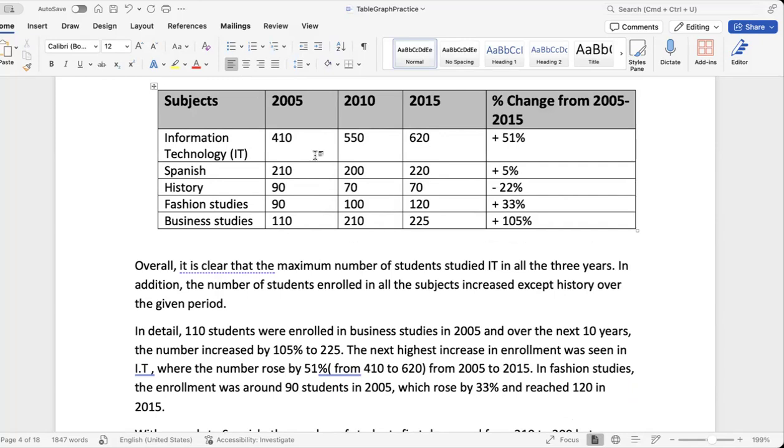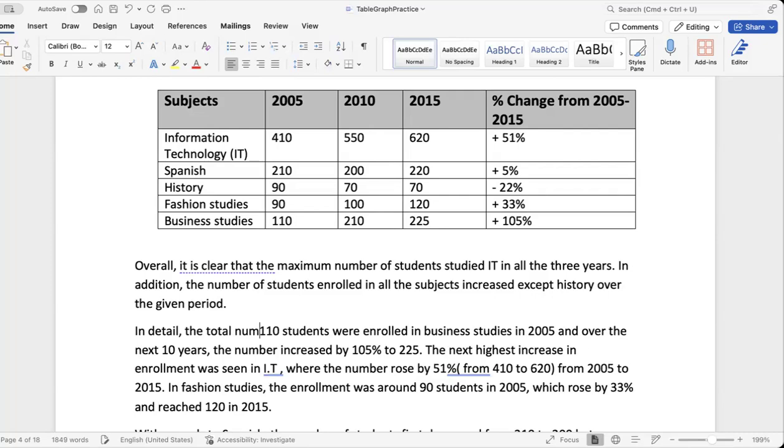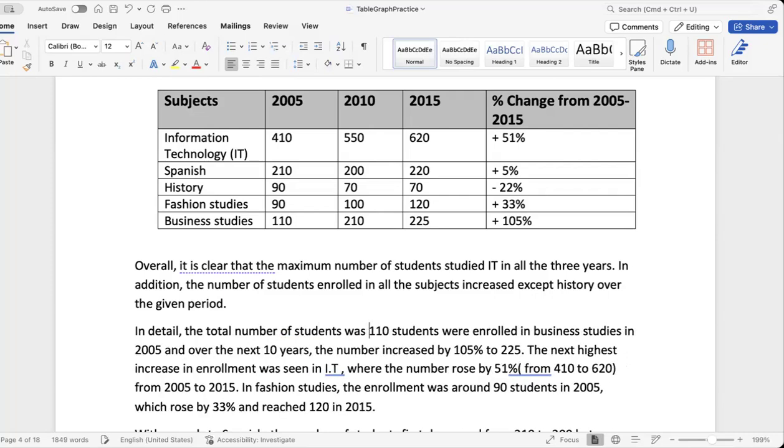Total students number in the first year. For example, you can add it up: 410, 620, 710, 800, 910. So the total number of students in 2005 was 910. So you can say the total number of students was 910, just one sentence.